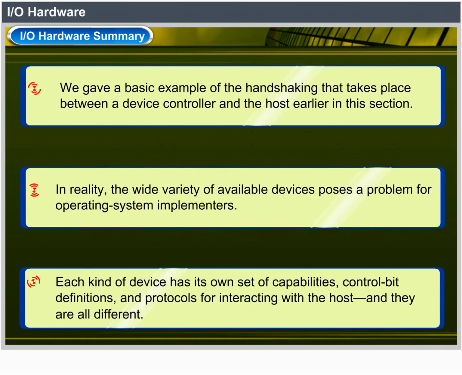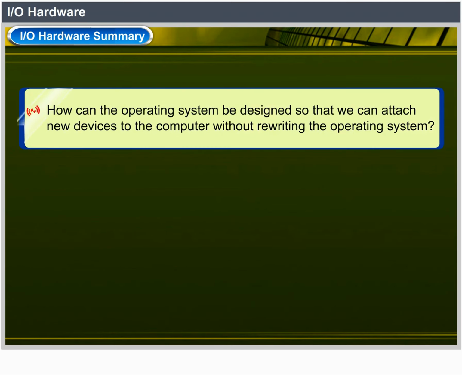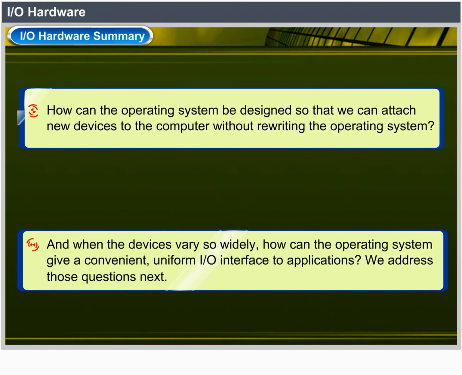How can the operating system be designed so that we can attach new devices to the computer without rewriting the operating system? And when the devices vary so widely, how can the operating system give a convenient, uniform input-output interface to applications? We address those questions next.